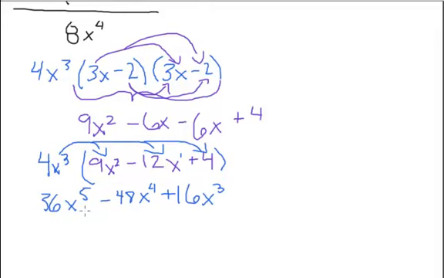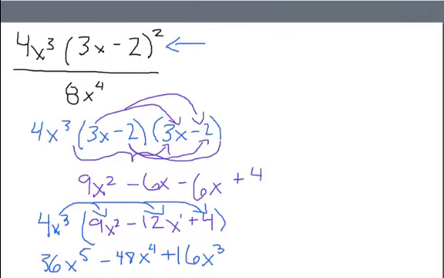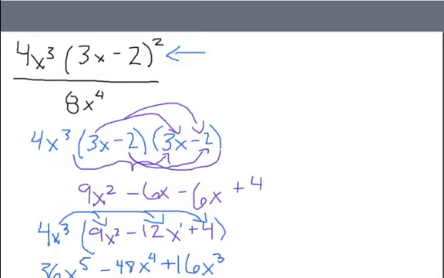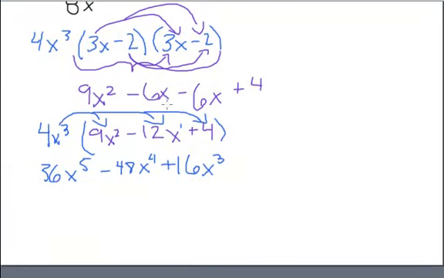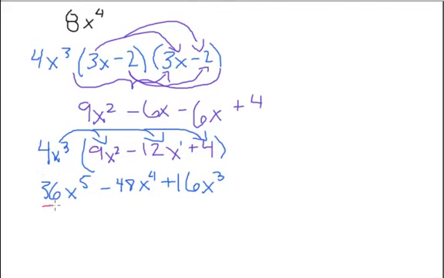Alright, so now this here is the answer, I worked out this numerator. So now let us include our denominator, which is 8x⁴. I'm going to put this all over 8x⁴.